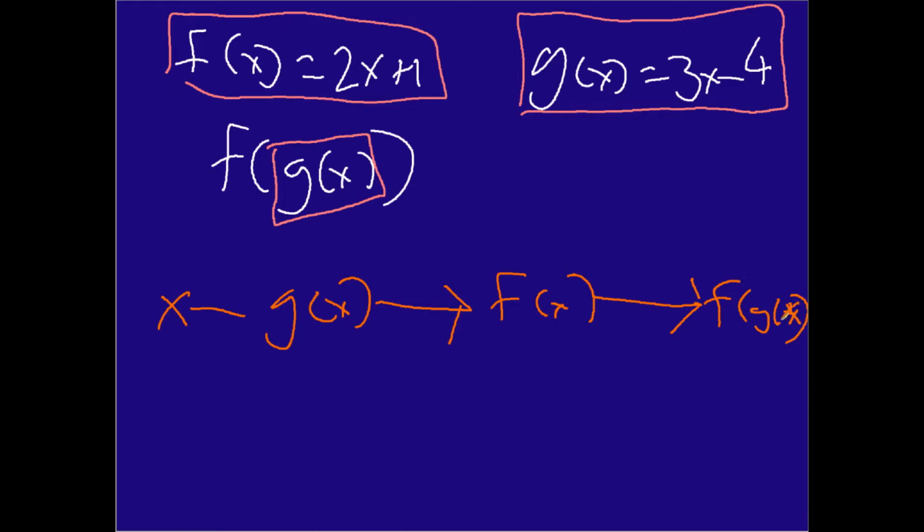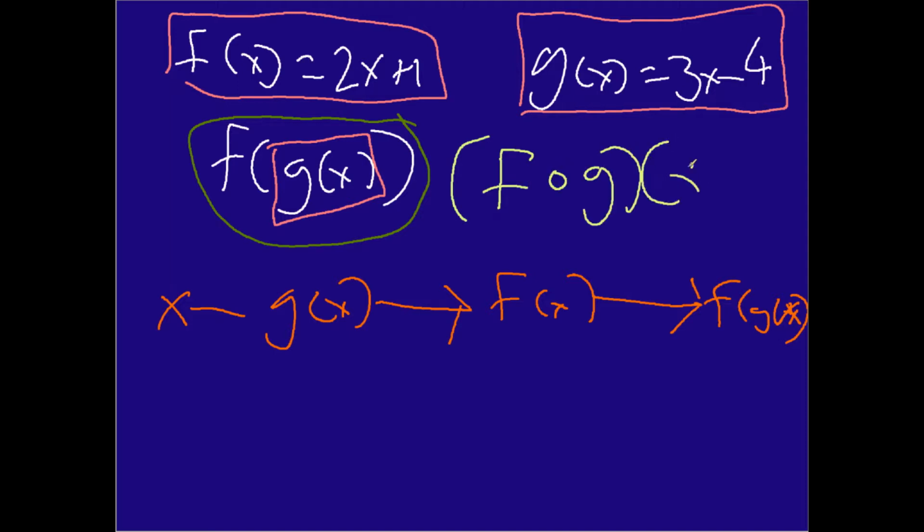So that's kind of the overview of what it's like, but there's one type of notation that you have to be familiar with when you want to do this. So far I've been using this notation. This is one common one. But another way to write this when you're dealing with composite functions is like parentheses f circle g of x.